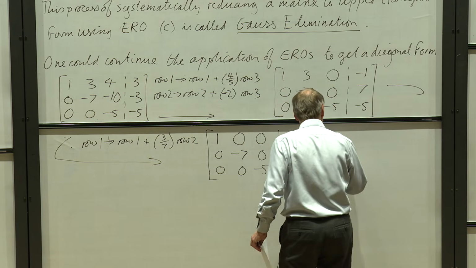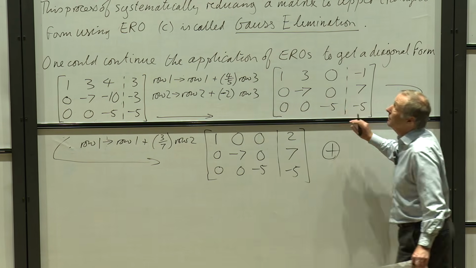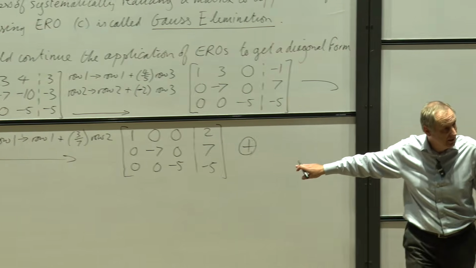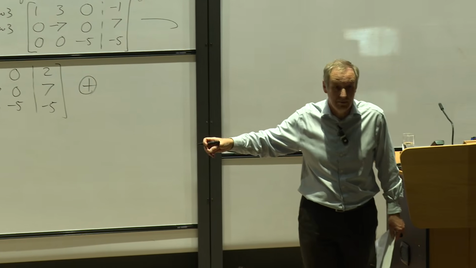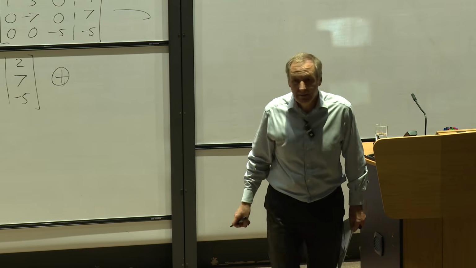And I'm going to give this a label. My labels are altogether local. So today's label plus is this equation. If I write plus tomorrow, it means whatever equation I say tomorrow.